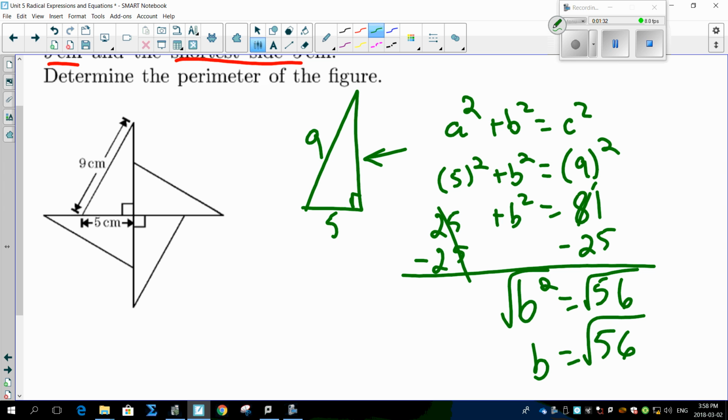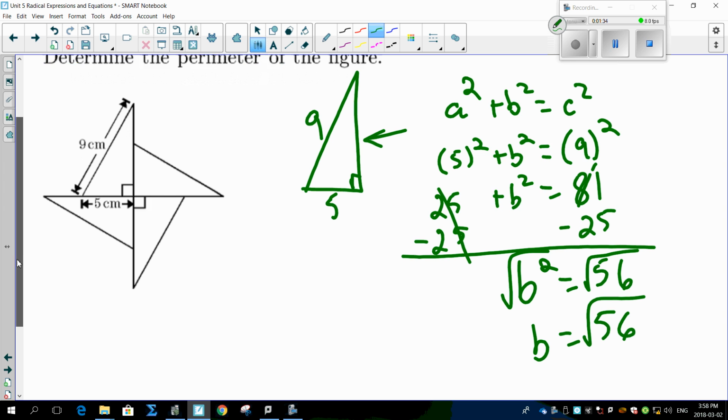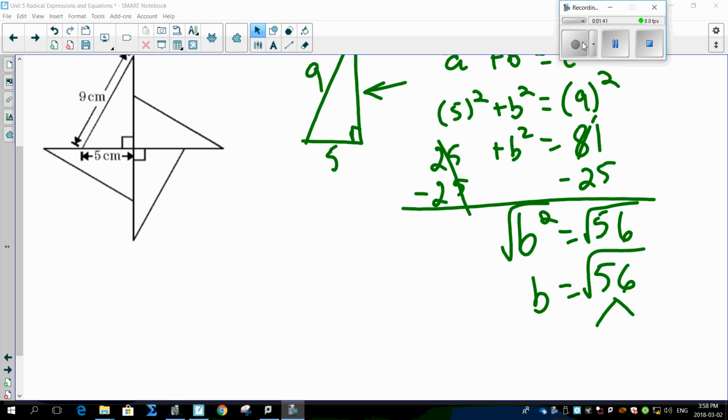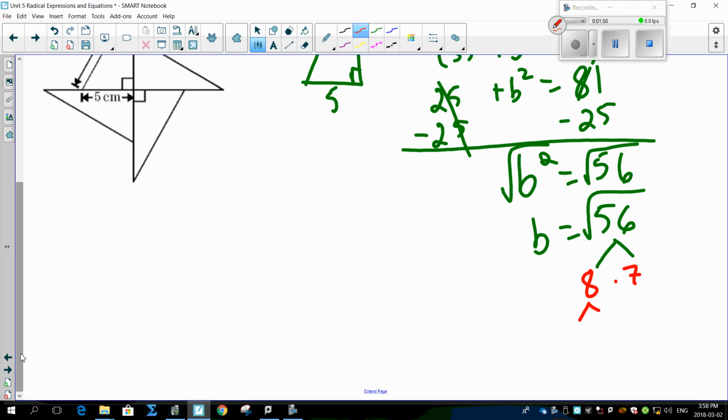Well, the cool thing about that is the square root of 56, we can make a nicer number. We know that we can break down 56 to be 8 times 7, okay? So this is 8 times 7. 8 we can break down to, well, I need some more room here. Hold on. Okay, here it comes. We know 8 is actually 2 times 4.